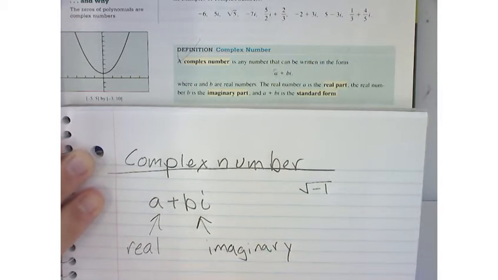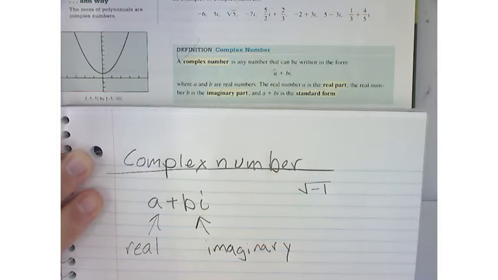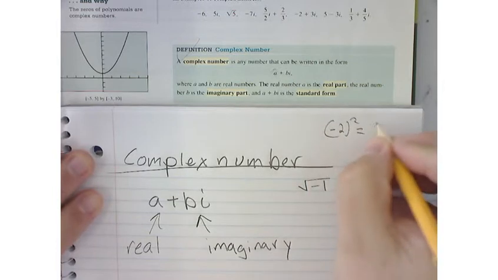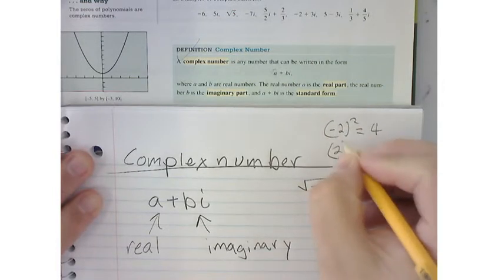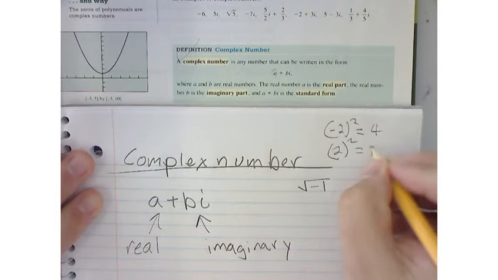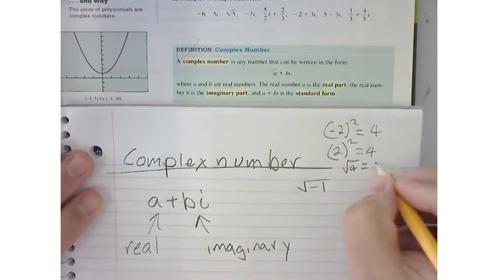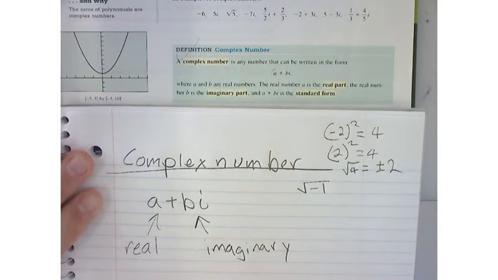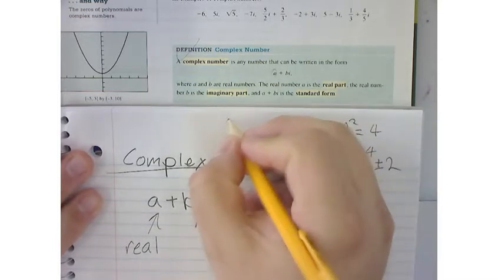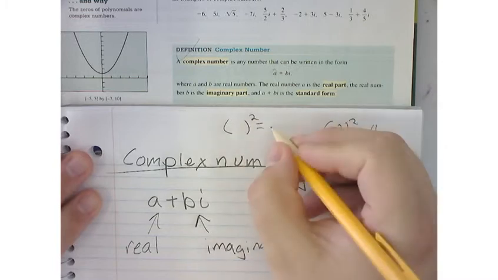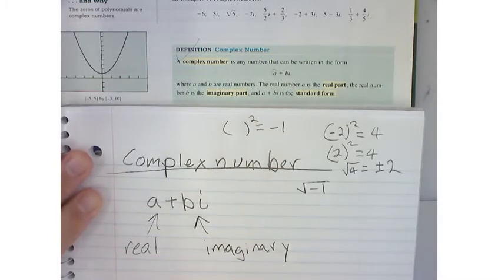The problem is anytime you square a number, it will always be a positive value. In other words, if I say -2 squared, that equals 4. If I say +2 squared, it equals 4. So then the square root of 4 is equal to plus or minus 2. The problem is that I can't take anything and square it and make it equal -1, not with real numbers.